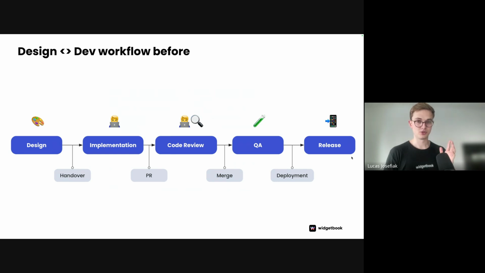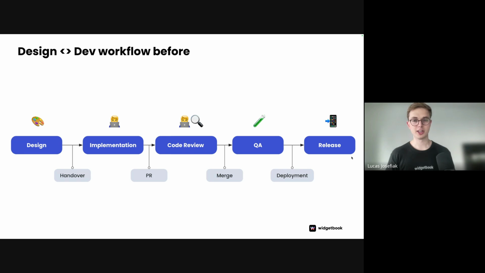And to give you a better overview of how we're doing it, I'm showing you now a usual designer-developer workflow that our customers had before they used Widgetbook. Usually how it works is you have your design in Figma, then you hand it over to developers, usually with Figma's dev mode.